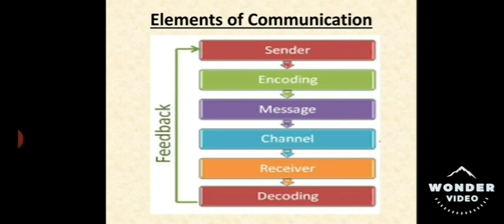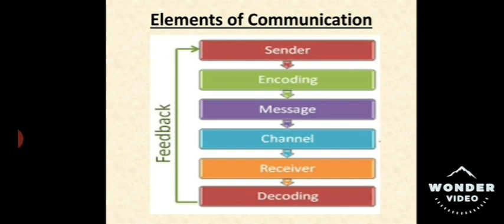So, encoding actually means presenting the message or information in the form which is sent through the communication channel. For example, if I'm sending some message to my friend in Bombay by a phone call, I would frame a message in certain sentences to be spoken. This is called encoding.